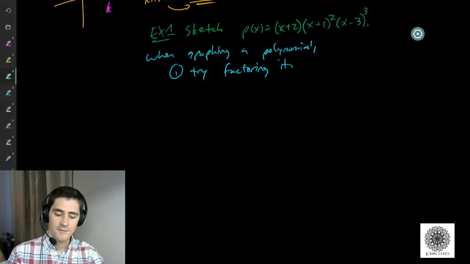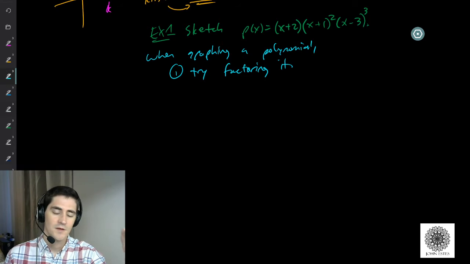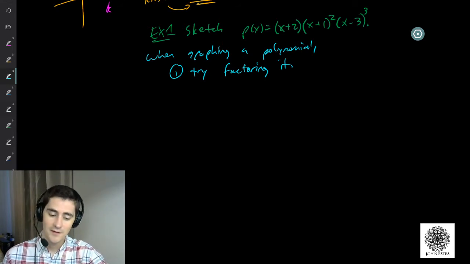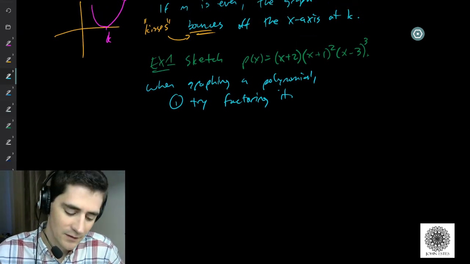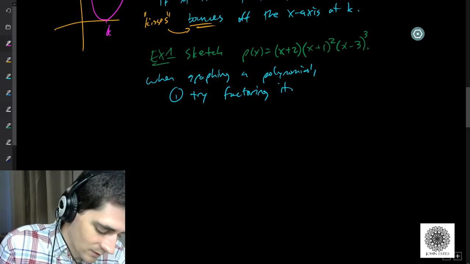So the factoring helps me understand the true nature of what this polynomial is doing. Just like factoring 42 down to 2 times 3 times 7 gives me a clearer picture of what 42 really looks like, factoring does the same thing for polynomials. Now here, this one is factored for us, so we're good with that. We don't have to worry about that part.